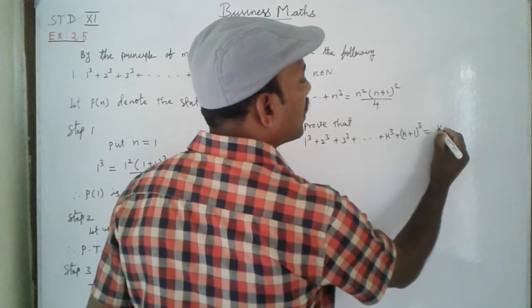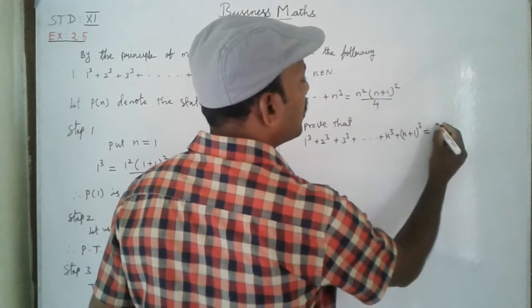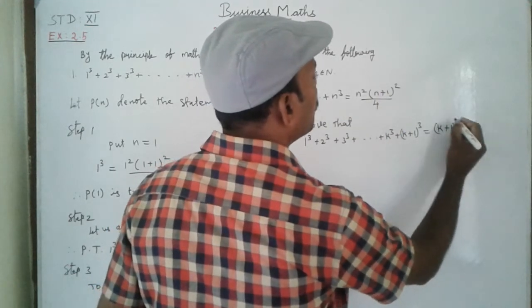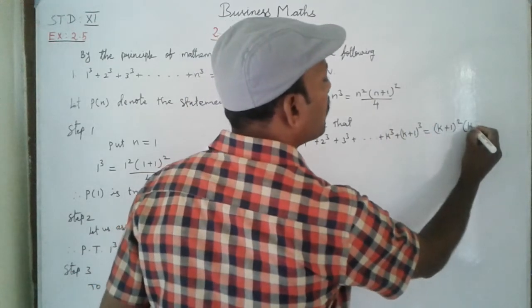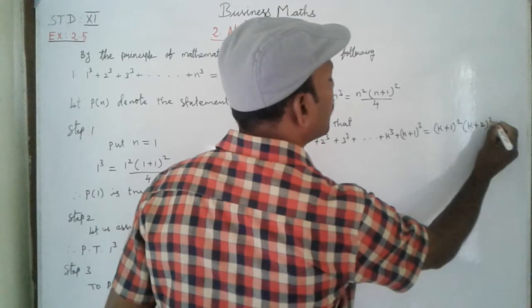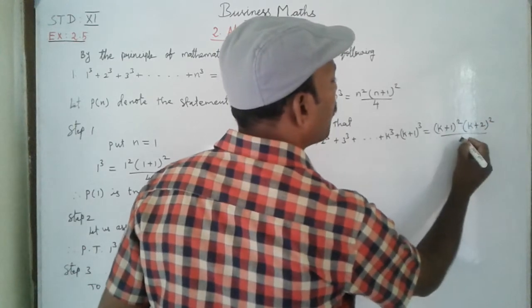K plus 1. K plus 1 whole square into (k plus 1 plus 1), what is that? (K plus 2) whole square divided by 4.